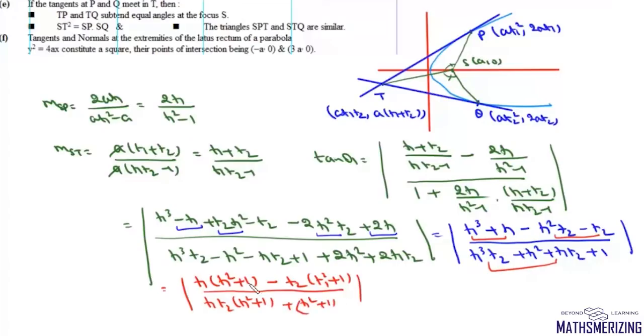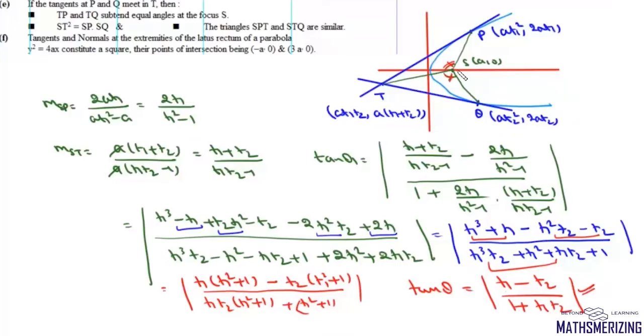Now t1² plus 1 will cancel, so then we can write tan theta as (t1 minus t2) upon (1 plus t1t2). Now basically this angle is symmetrical in terms of t1 and t2. In the same way, if we write the other angle taking t2, we'll end up getting this symmetric expression in terms of t1 and t2, which clearly indicates that these two angles must be equal.